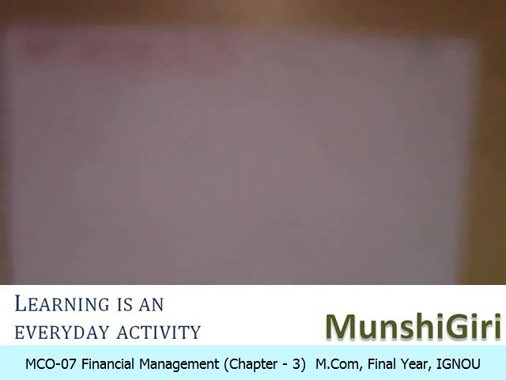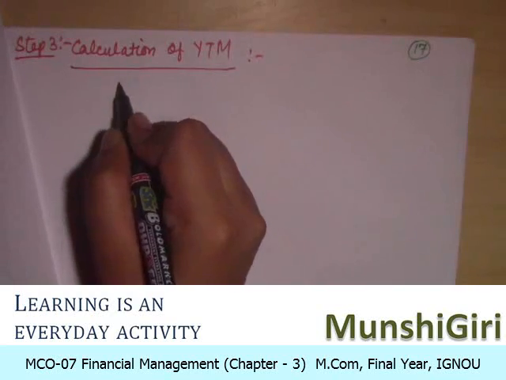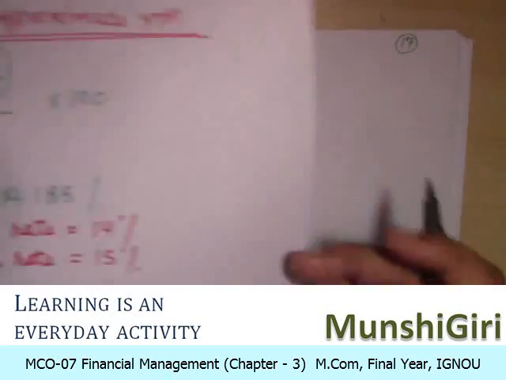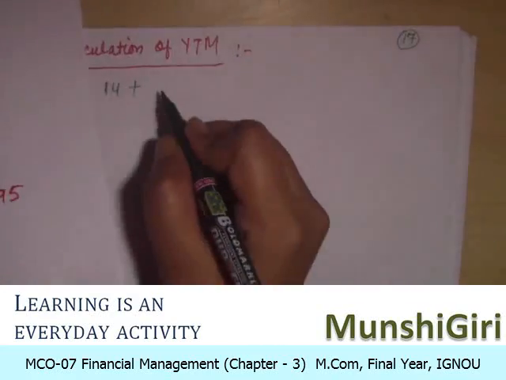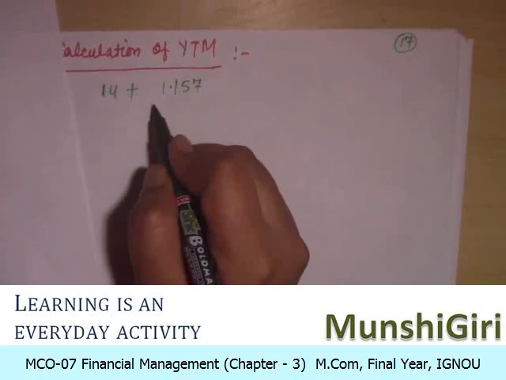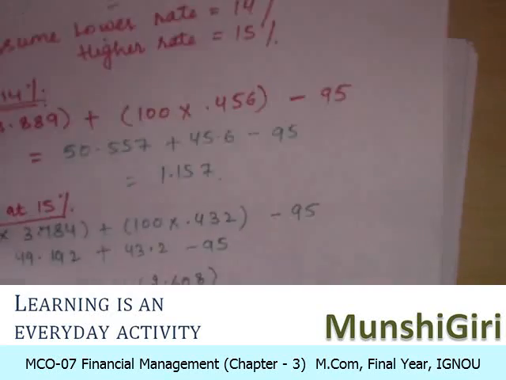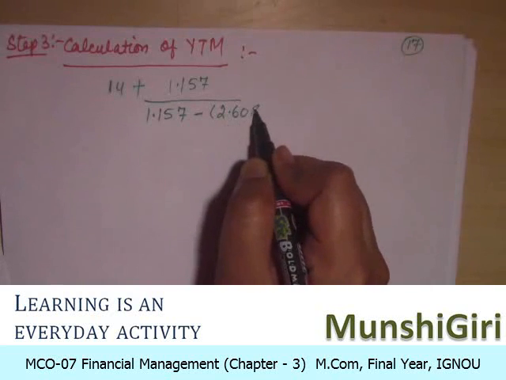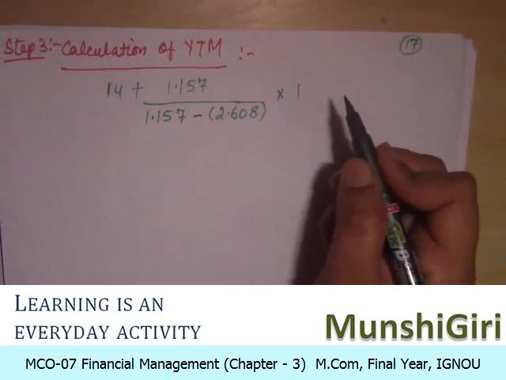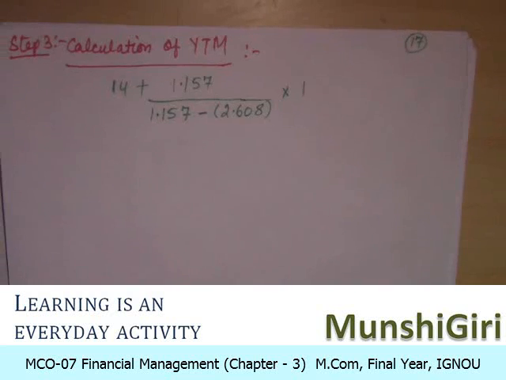Lower rate, we have taken at 14. The NPV at lower rate is 1.157, divided by NPV at lower rate minus the NPV at higher rate, which was negative 2.608, into the difference in rates, that is the difference between 15 and 14, which comes out to be 1. Now you have to calculate this component.